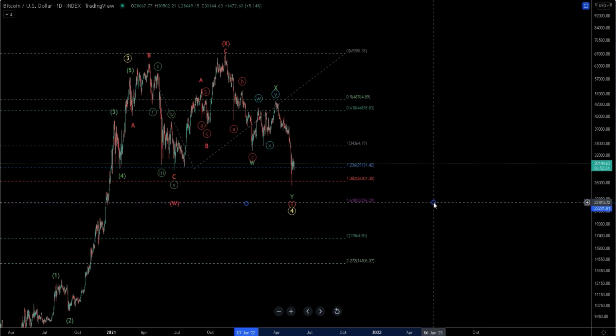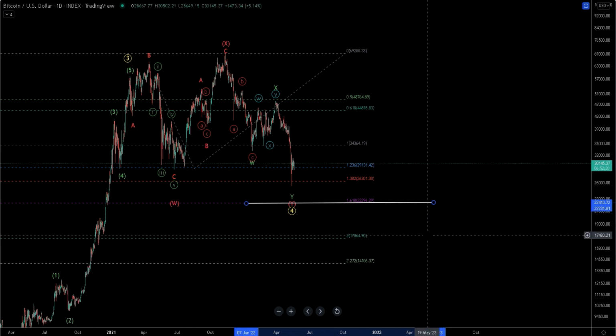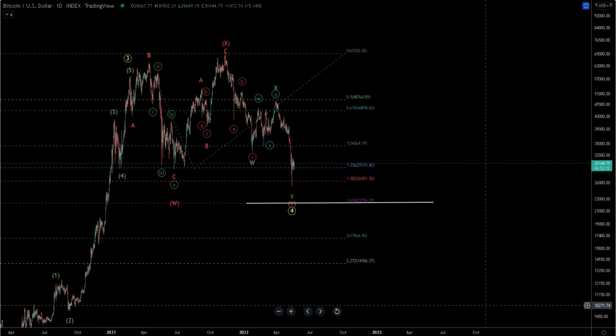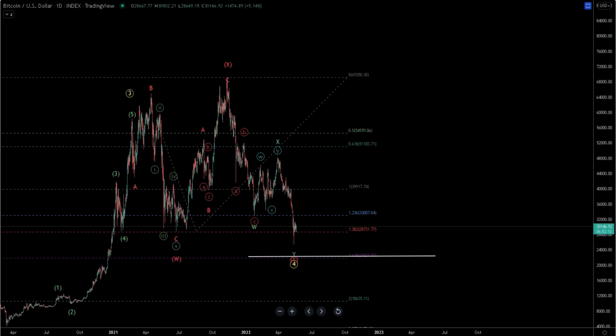Oh, it's black. You're not going to be able to see black on black. Okay, so the 1.618 in log.